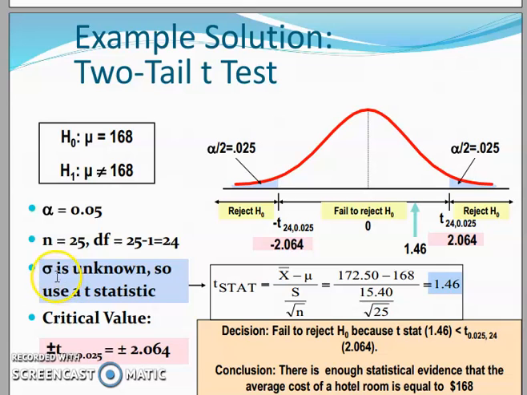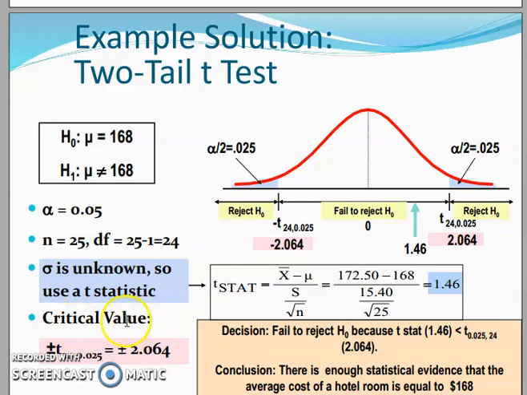Since sigma is unknown, we need to use the t-stat, which is x bar minus mu over s over square root of n. We calculate this and we get 1.46.